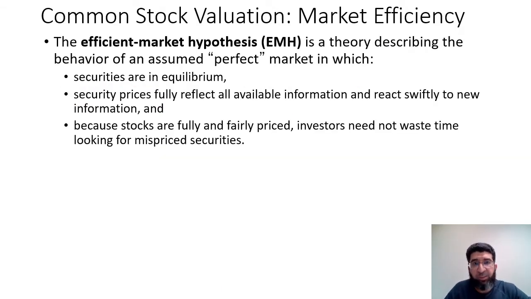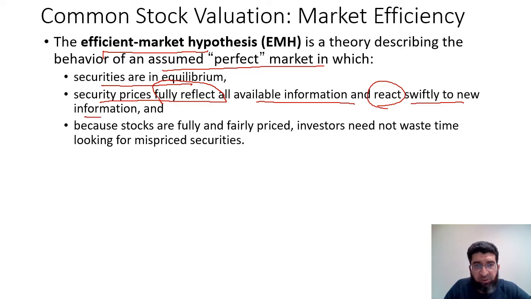This is basically underlying the theory of the efficient market hypothesis, which says that the market is assumed to be a perfect market in which securities are in equilibrium. Security prices fully reflect all the available information and react swiftly to the new information.